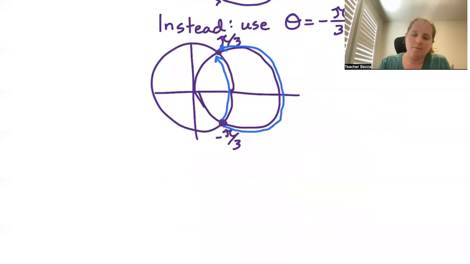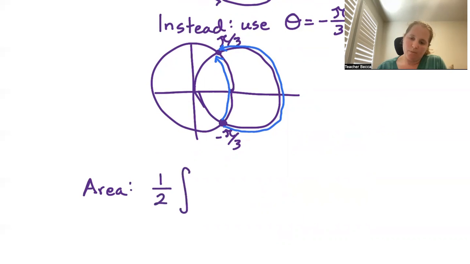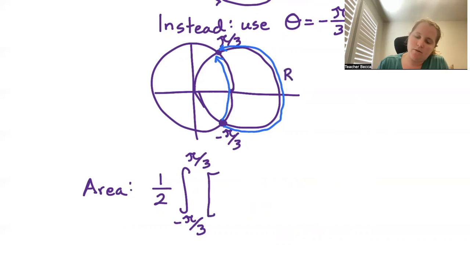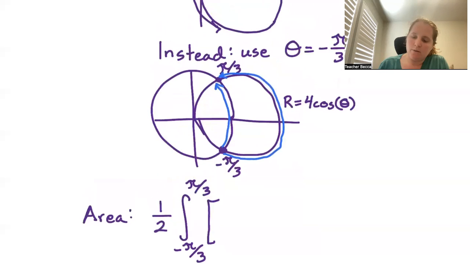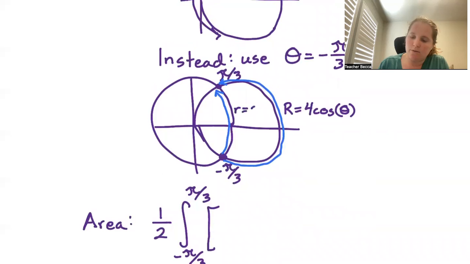So our area then, we would do 1/2 times the definite integral from negative pi over 3 to pi over 3 of our outer radius, capital R, is 4 cosine theta. Our inner radius is lowercase r equals 2.